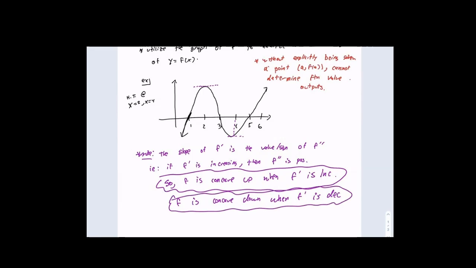And the reason there is that f prime decreasing equals f double prime negative.